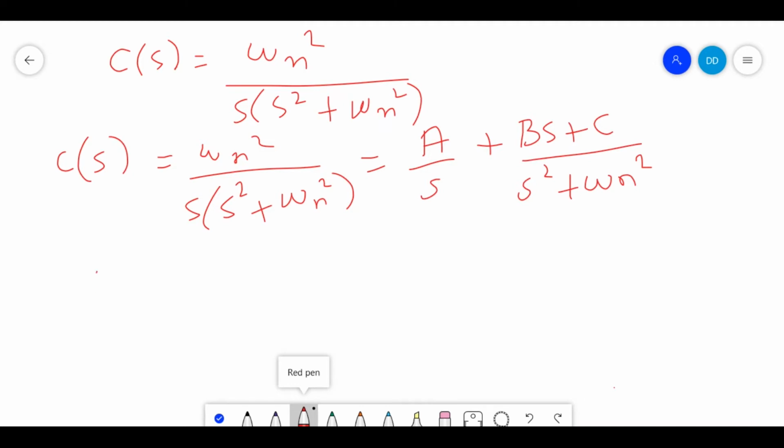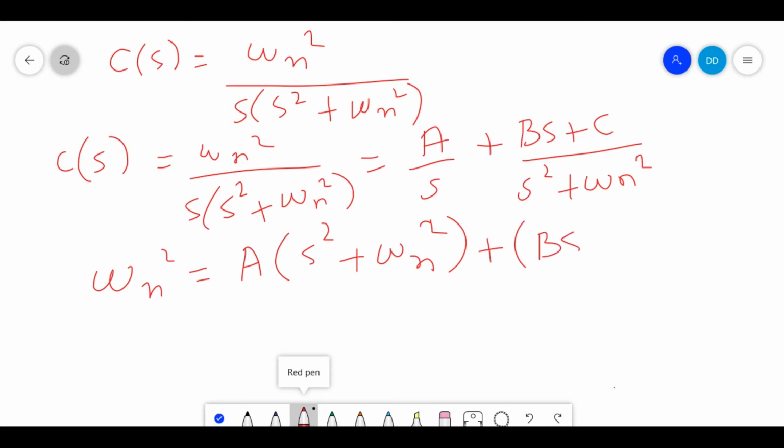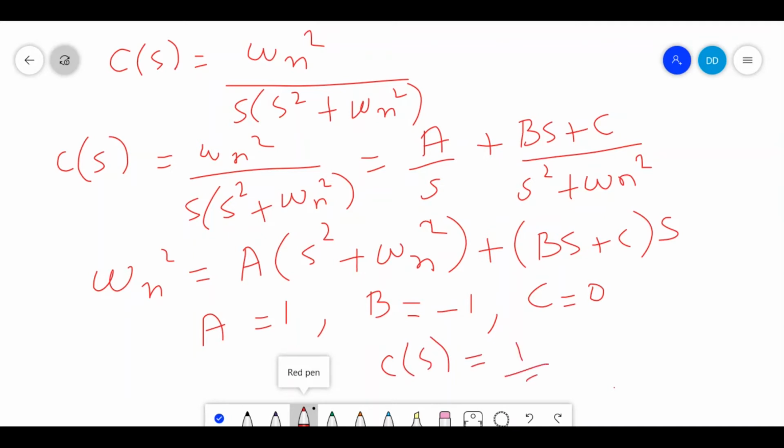Solving this, omega n square is equal to A into (s square plus omega n square) plus (Bs plus C) into s. We get A equal to 1, B equal to minus 1 and C equal to 0. Substituting in C(s), we get 1 by s minus s divided by s square plus omega n square. From this equation 1, we will obtain C(t).